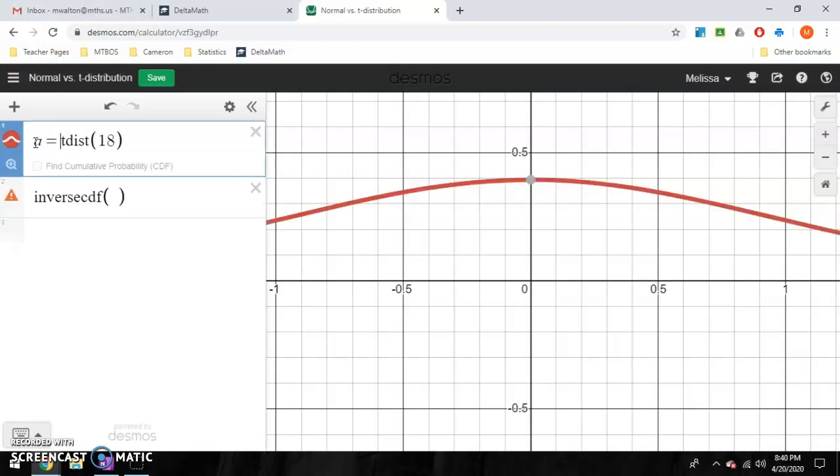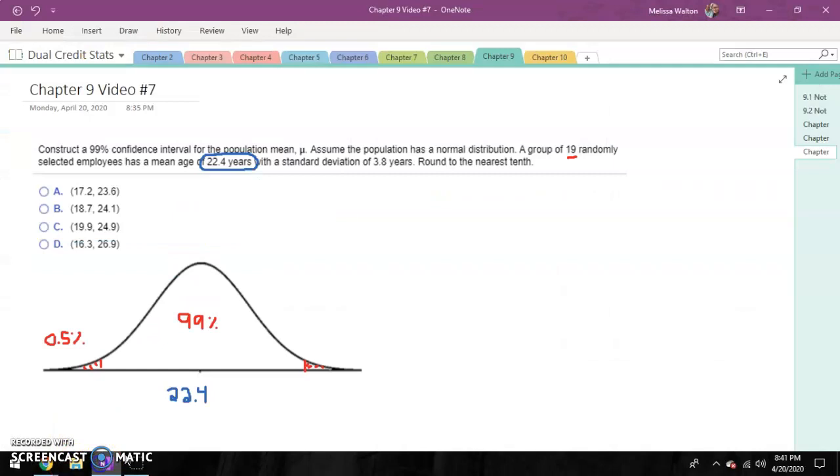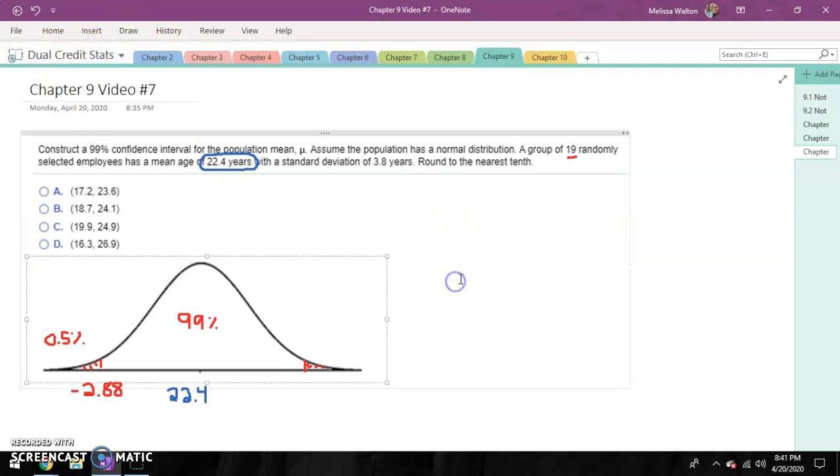I'll go ahead and name it A. So inverse CDF of A, my tail was 0.5%, so 0.005. All right, and then my critical t-score is negative 2.88. So negative 2.88 standard deviations below.